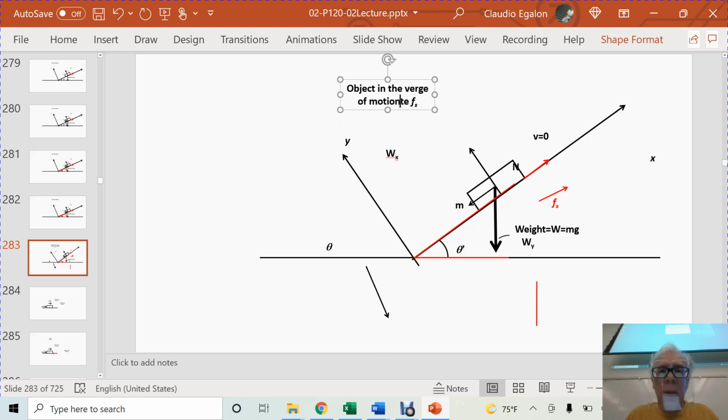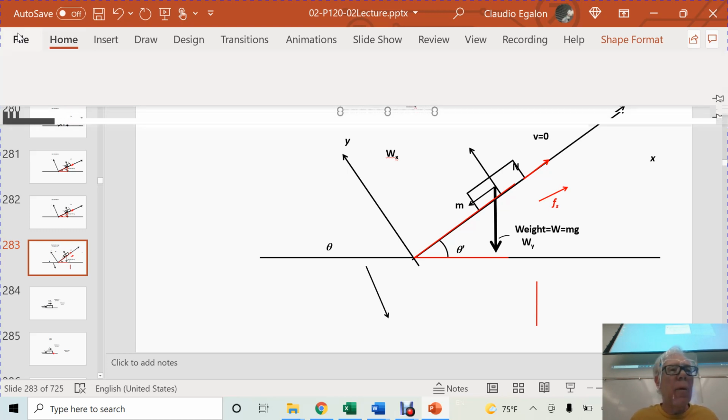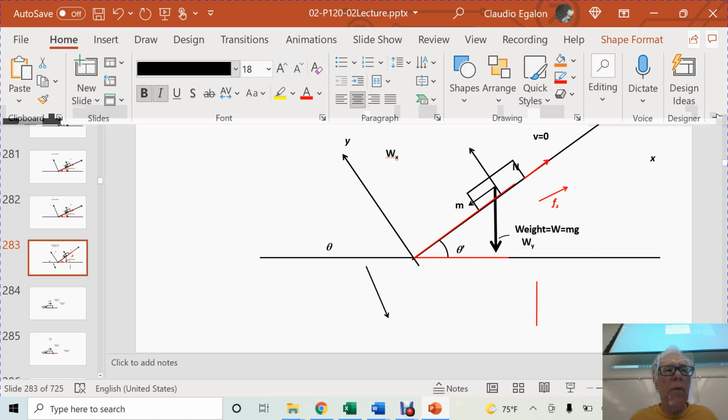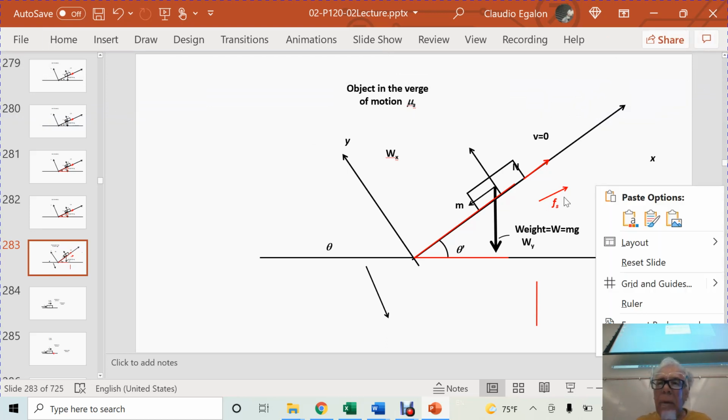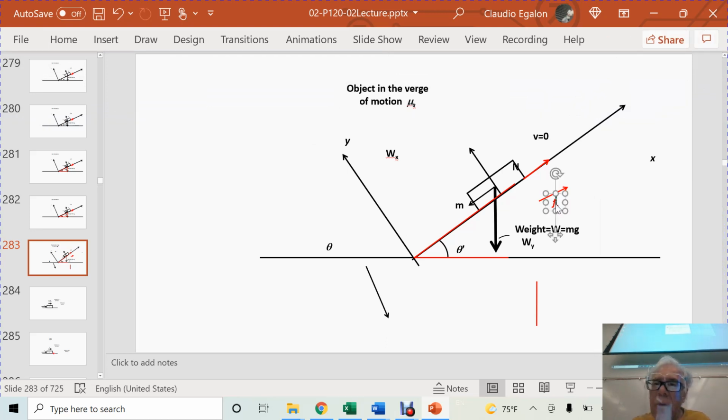Calculate the coefficient of static friction, mu sub s. Mu sub s. Okay, that's my F sub s.